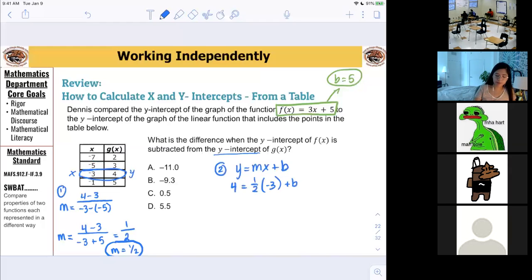1/2 times -3. What's -3 divided by 2? Negative 1.5. Yeah, negative 1.5. So I'm gonna write this as a decimal. That's negative 1.5. So 4 equals negative 1.5 plus b. What do I do to both sides?